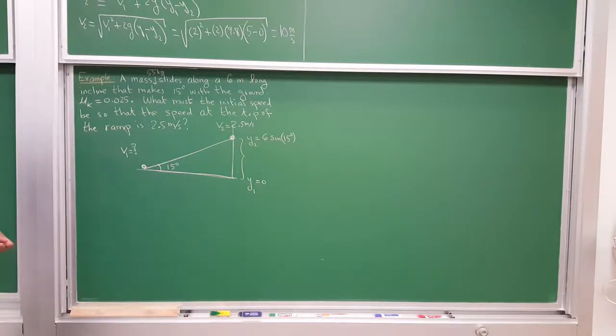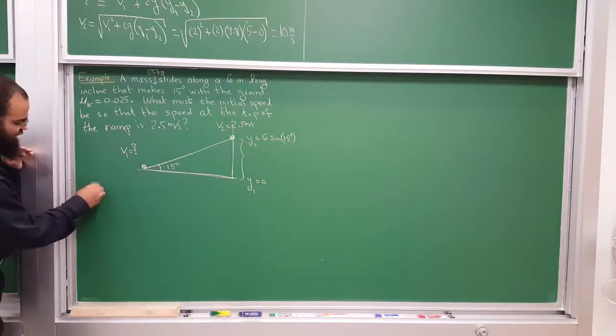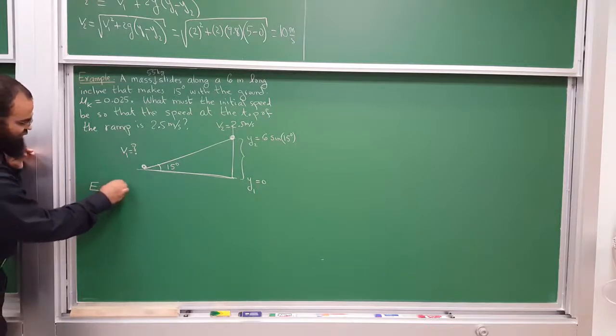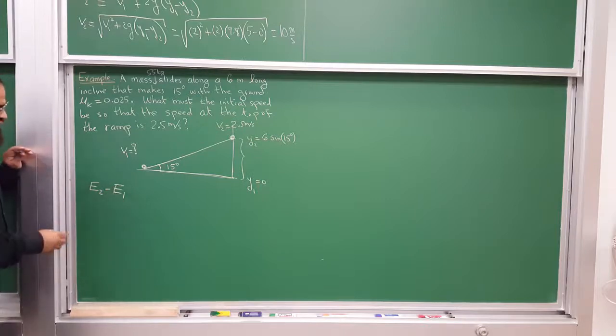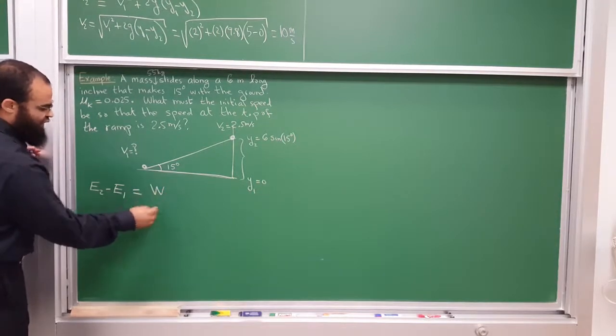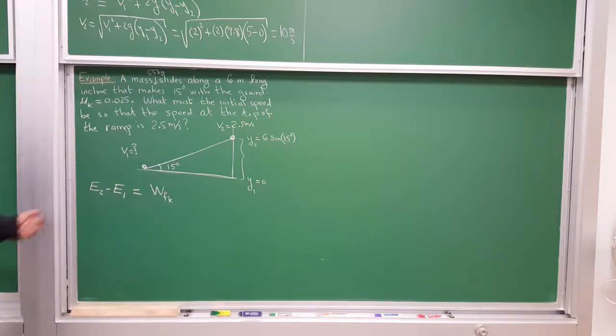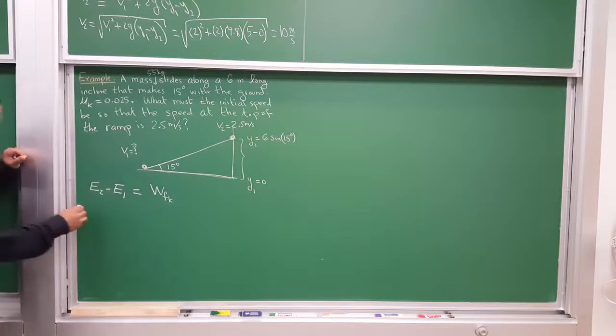So I will use conservation of energy, but I have to remember that I have an additional force that's doing work, which is the force of friction. So I would say that the energy at the end minus the mechanical energy at the beginning will equal the work done by friction, the work done by this non-conservative force, by the force of kinetic friction. The energy at the end is the kinetic at the end plus the potential at the end.